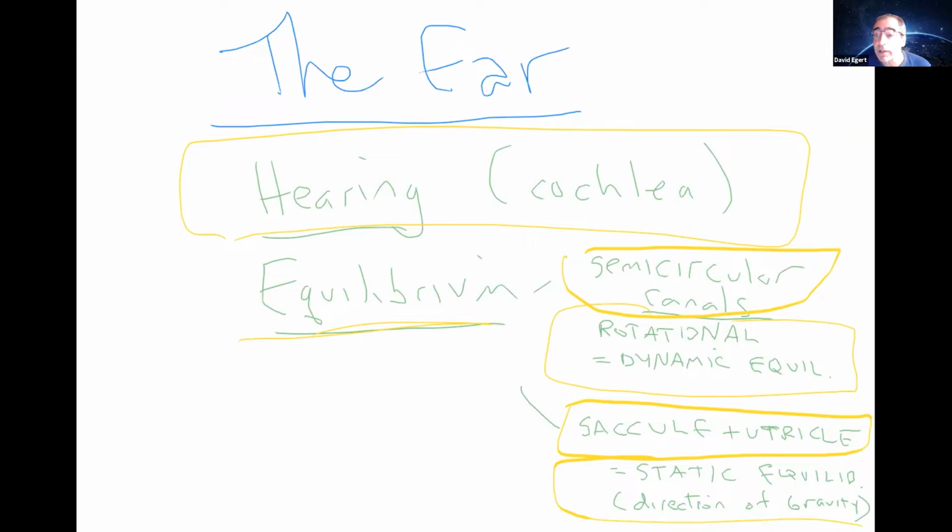They all rely on the same basic little cell called the hair cell, just connected up in different ways to do their jobs. So let us introduce the hair cell.